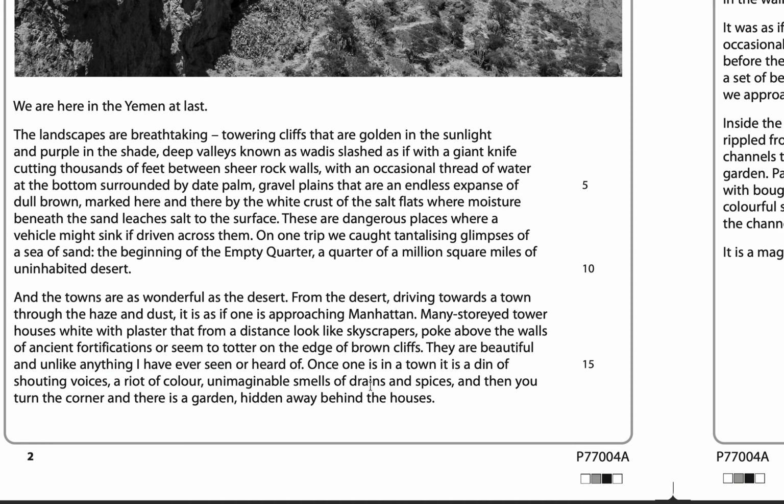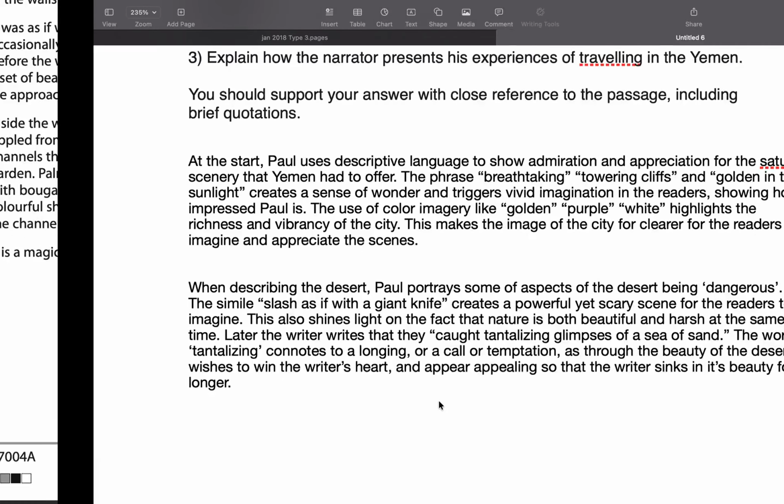Unimaginable smells of grains and spices. Again, it's highlighting the Middle Eastern cultures. It's kind of signifying how the Yemenis are and whatnot. And then you turn the corner, and there's a garden hidden away between the houses. That's actually a beautiful thing, right? It's a beautiful thing.